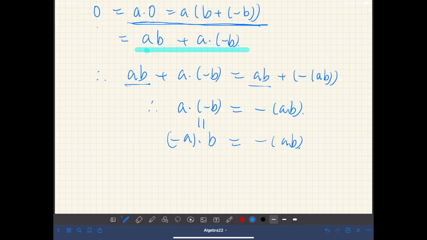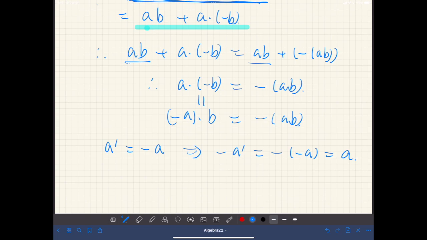Okay. Now let us write a prime to represent negative a, just for simplicity. So from this, we have negative a prime is equal to negative of negative a. But we have seen that this is actually equal to a, right?